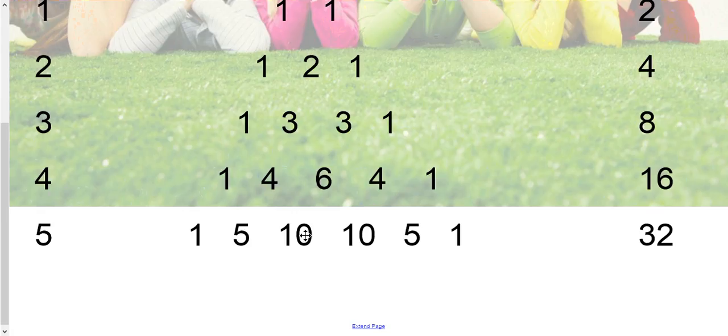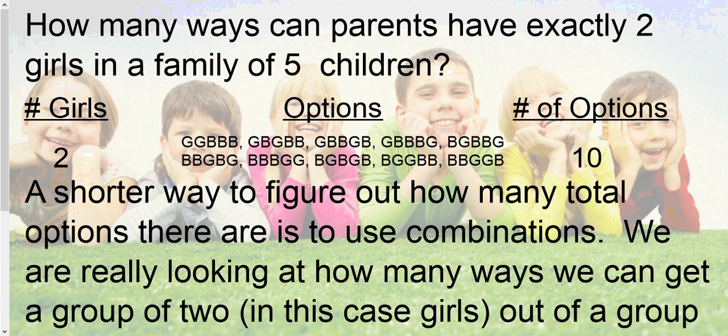And then 3 girls in a family of 5 for this one, and 2 girls, and so on. And so this is Pascal's triangle. Pascal's triangle shows up a lot in mathematics, and this is just one of the situations.